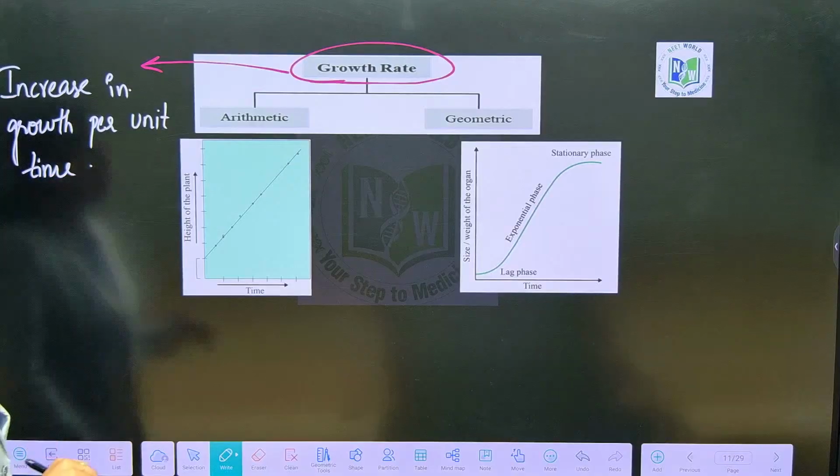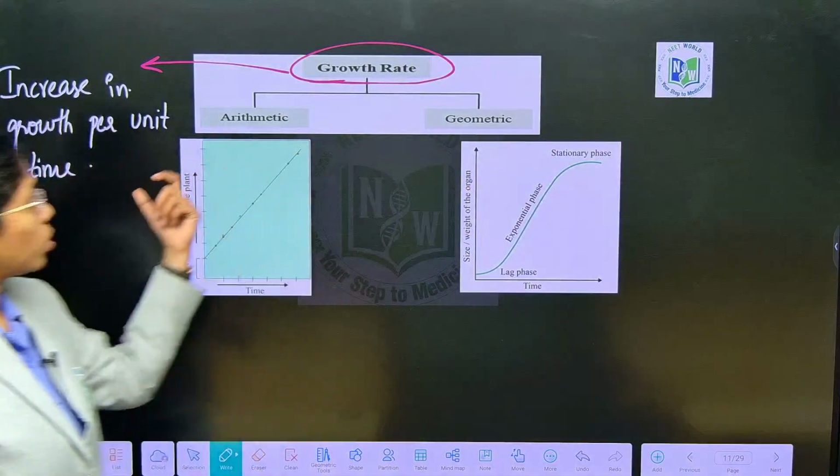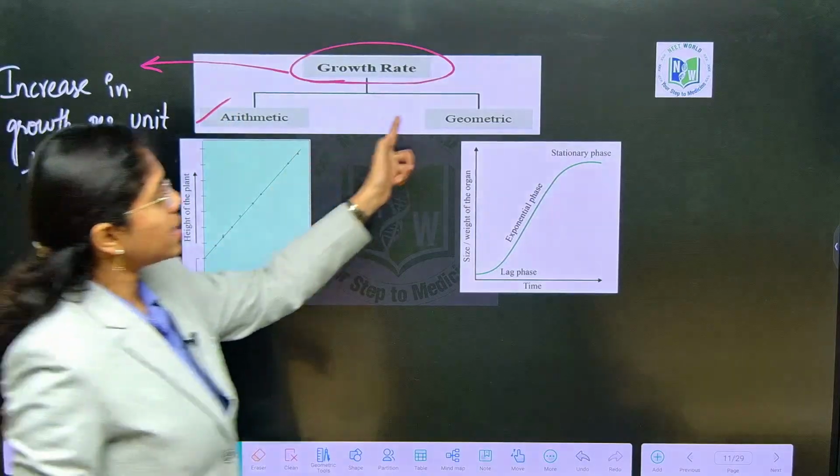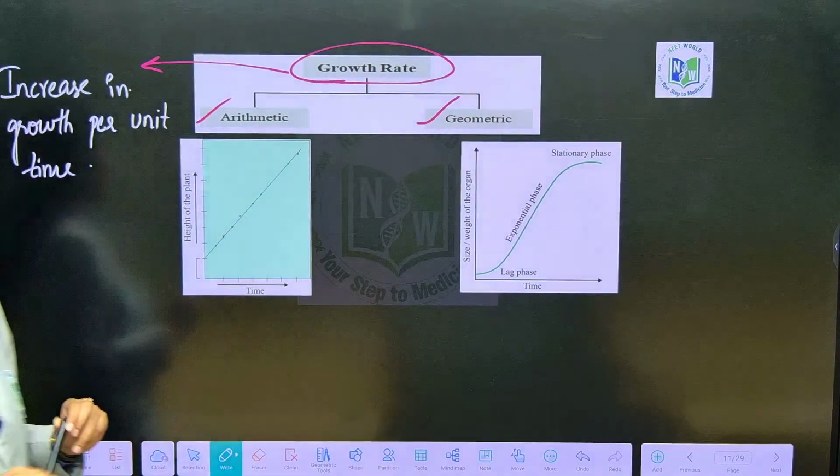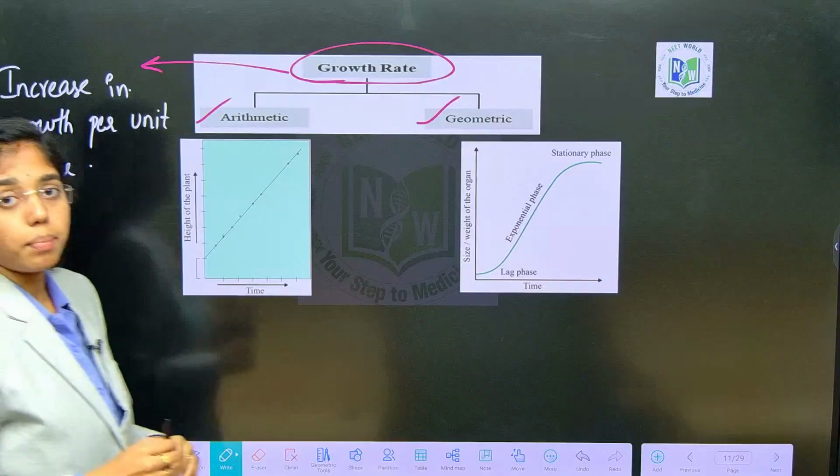Growth rates are measured in two quantities. One is arithmetic growth rate and the second is geometric growth rate. Arithmetic growth rate is observed in basic plant cells.